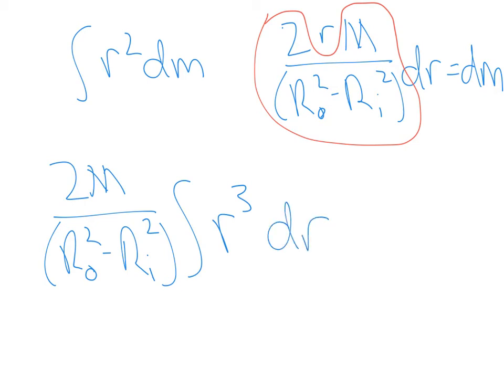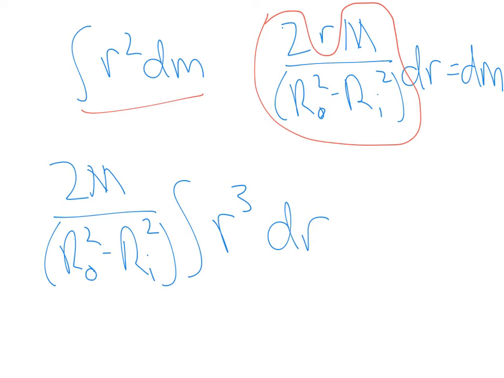Okay, so now this is really nice, because if you look at this guy, you are trying to integrate where r is a variable, but you're trying to integrate in terms of mass. And that's really weird, because there is an implicit kind of relationship there. And it makes it a lot easier if we have, instead of little slices of mass, little slices of radius.